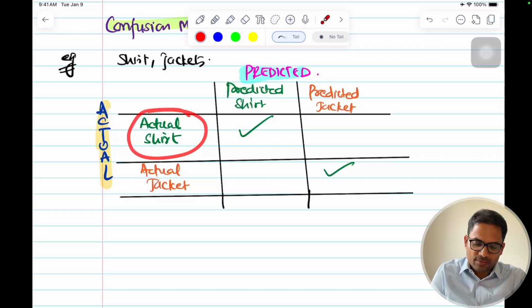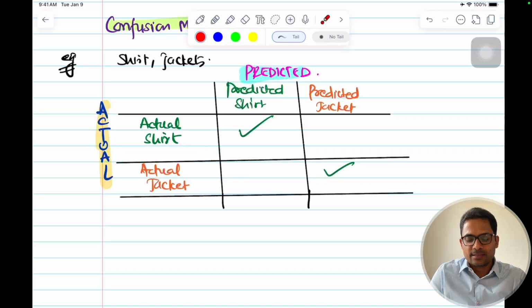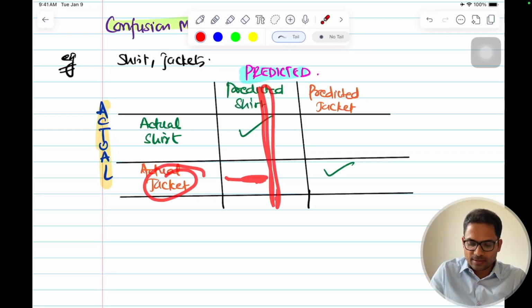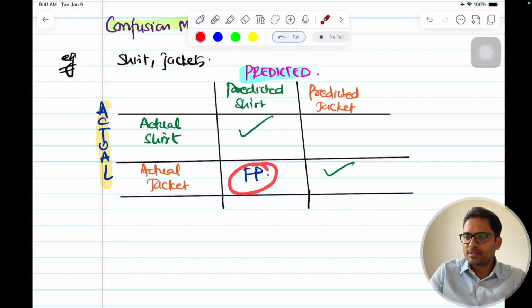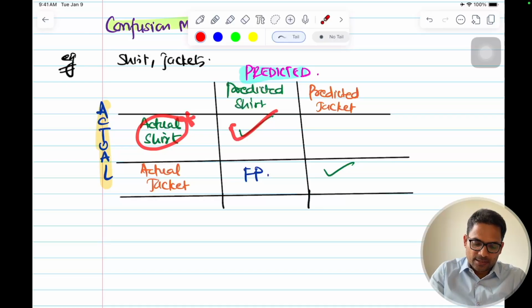So if I'm looking at whether a shirt has been classified as a shirt or not, but the model predicted a jacket as a shirt here, then from the point of view of shirt, this is a false positive. We call this a false positive because shirt is the positive label.